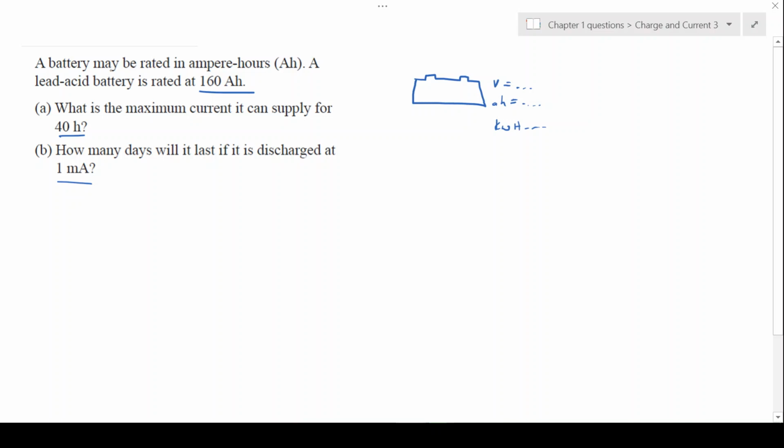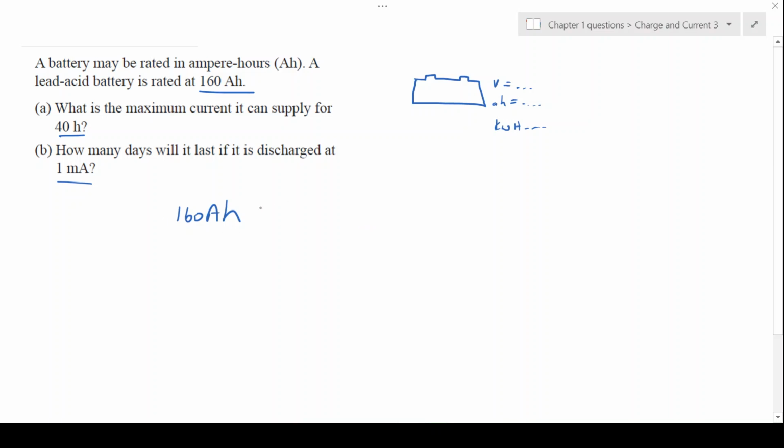So now looking at this question, we are being told that the battery is rated at 160 amp hours. So this battery has a capacity of 160 amp hours, which can be seen in different ways. Depending on whatever current you draw, how long you can draw that current will get you to this 160.